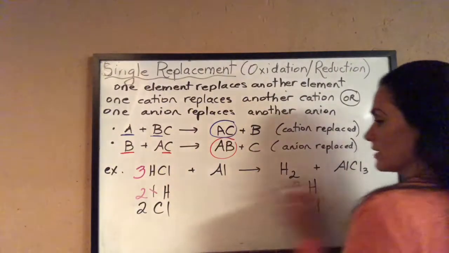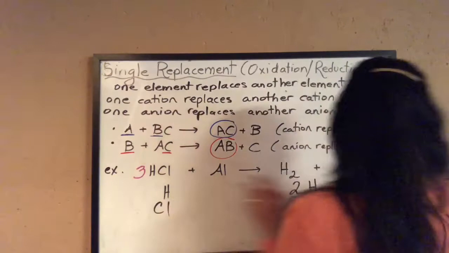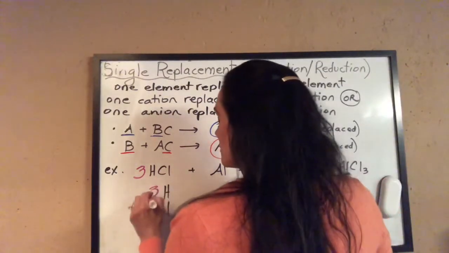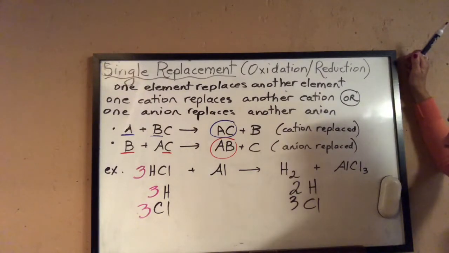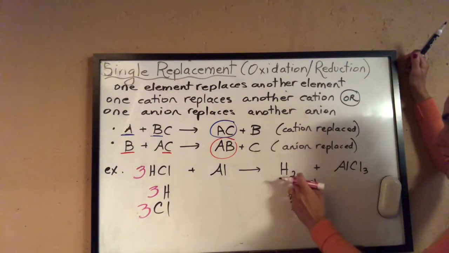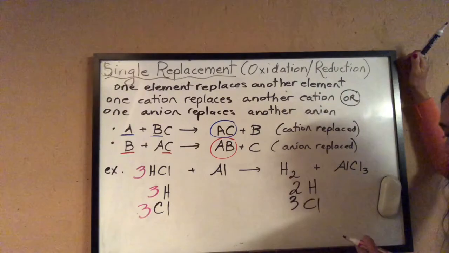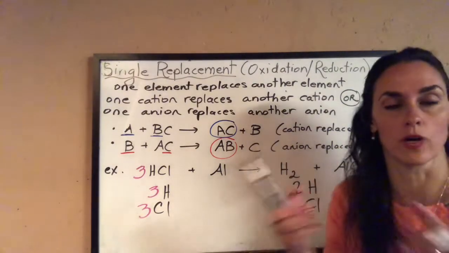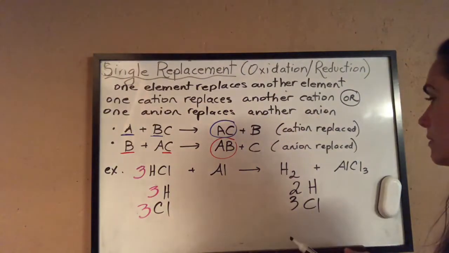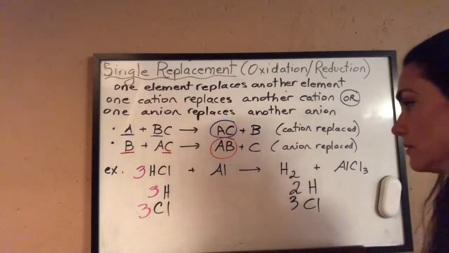Okay, let's try it out. 3 hydrogens, 3 chlorines. Well, over here, I can't put a 3 here. I have a 2. So you have this 3 and 2 going back and forth. What if we make 6?